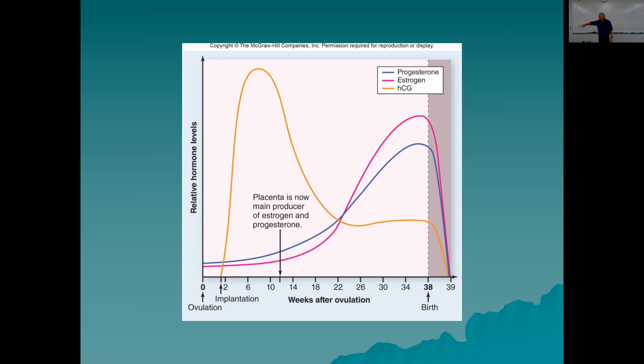And you can see how estrogen and progesterone become greater and greater as pregnancy progresses, and they're highest just before birth, and then after birth they fall off.